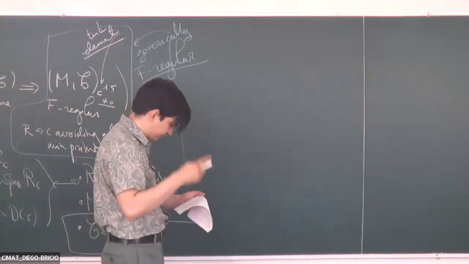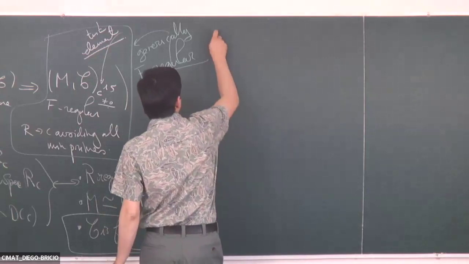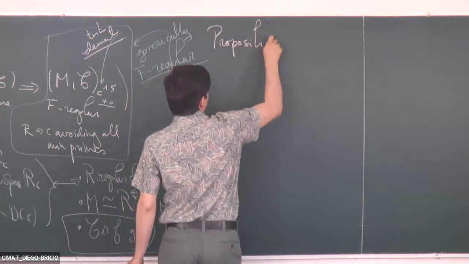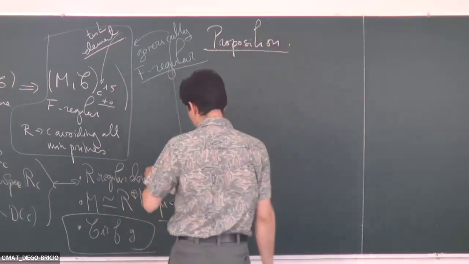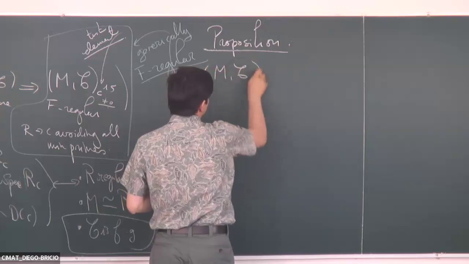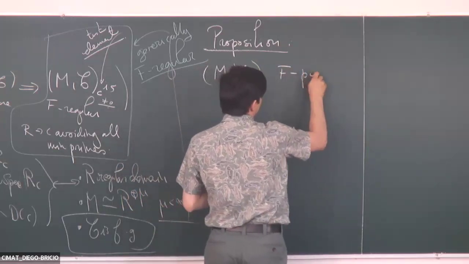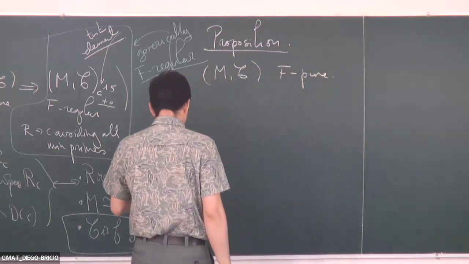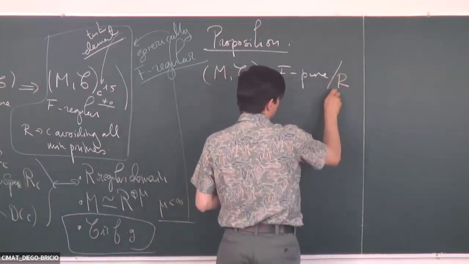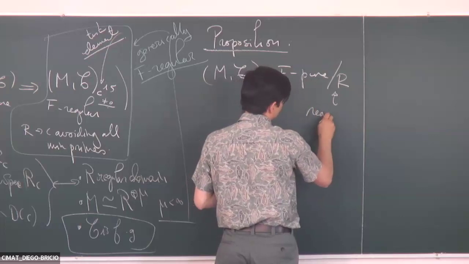So this is the proposition we're going to start with. Proposition. Let M, C be pure over R. I'm going to assume it's a regular domain.